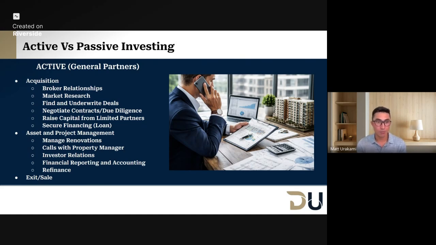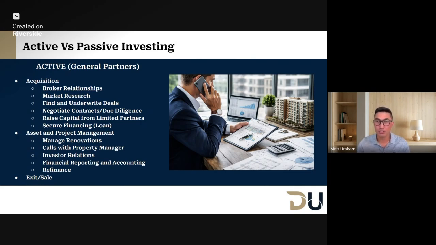Once you have acquired the property, there are the day-to-day activities of asset management and project management from a renovation standpoint. That means managing the renovations over a 1 to 2 year period, making sure all the units get renovated and stay within budget. That's part of the job of a general partner. There are regular calls with your property manager to make sure the property is performing the way you want it.